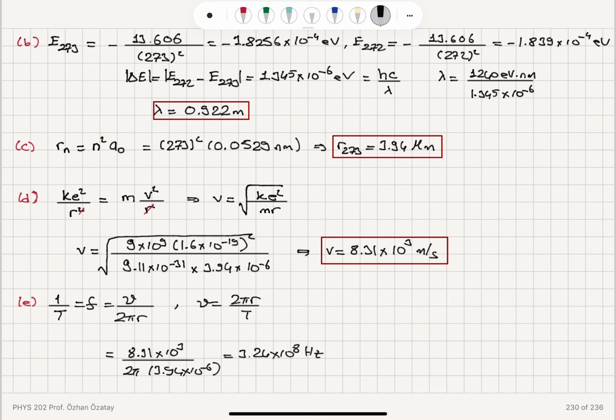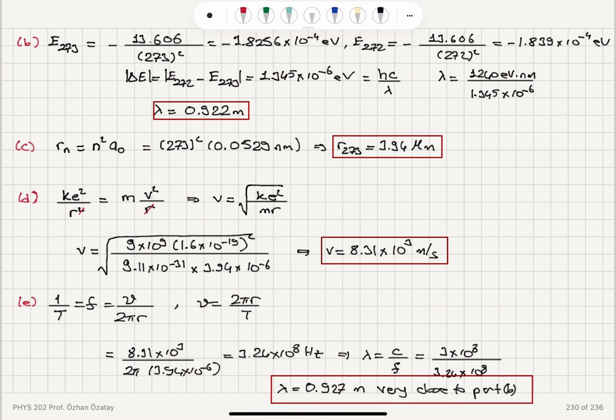And let's say that this is the source of the radiation, so that lambda is equal to c over f. c is equal to lambda f. 3 times 10^8 meters per second divided by the frequency, we substitute 3.24 times 10^8 hertz. This gives us a wavelength of 0.927 meters, which is very close to part B. Because in part B we found 0.922 meters.